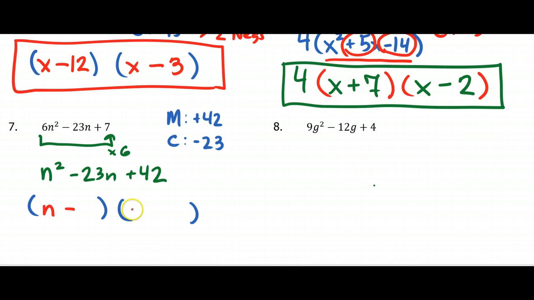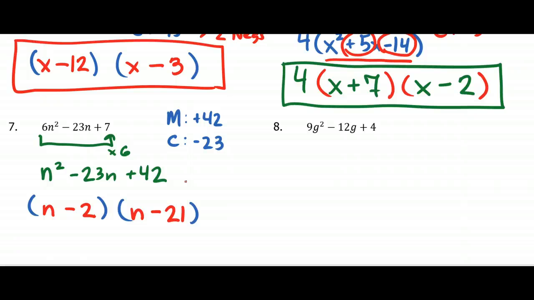Okay, I need a minus and a minus. Factors of 42 that combine to get 23, think about that for a second. Okay, if you use 2 and 21, those will both combine to get 23, and they'll multiply to get your 42. So this factors into n minus 2 times the quantity n minus 21.